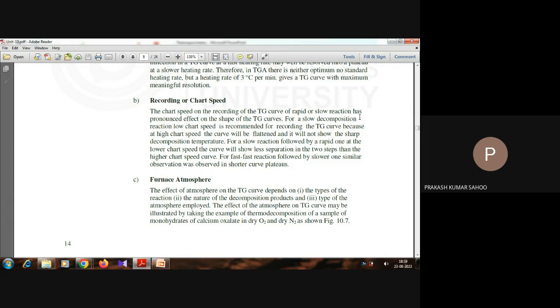If for a compound the decomposition is slow, in that case we have to apply slow heat. And if we apply high heat, then at high chart speed the curve will be flattened, there will be no curvature. So for a slow reaction followed by a rapid one at the lower chart speed, the curve will show less separation in the two steps. So this has to be remembered.